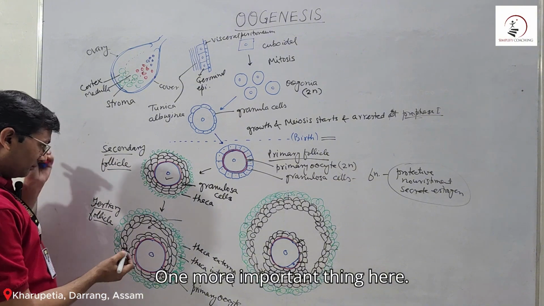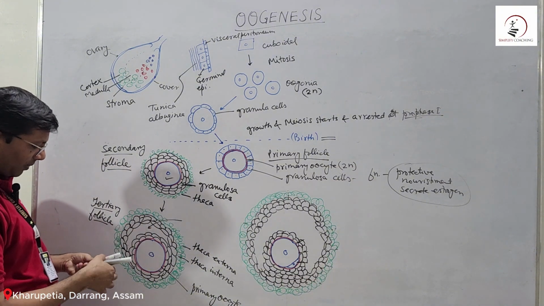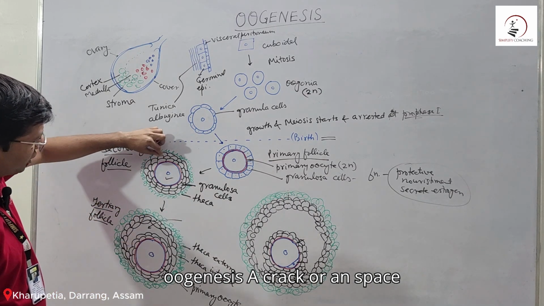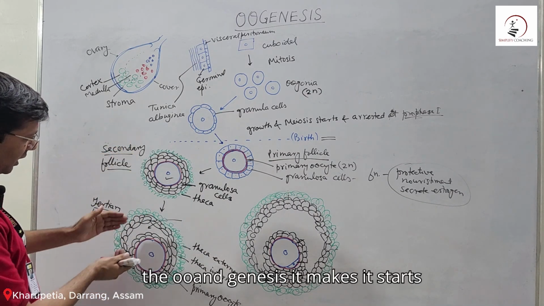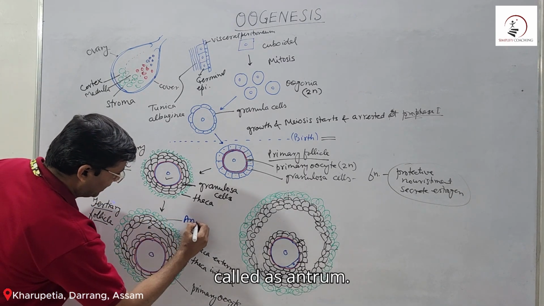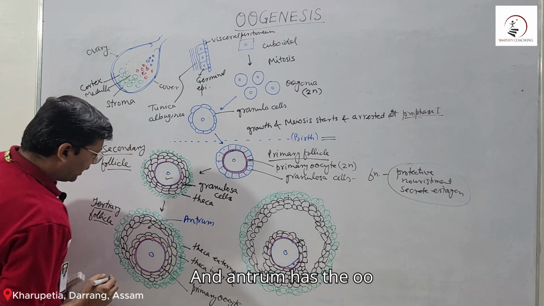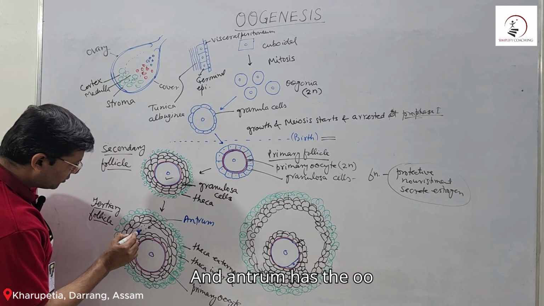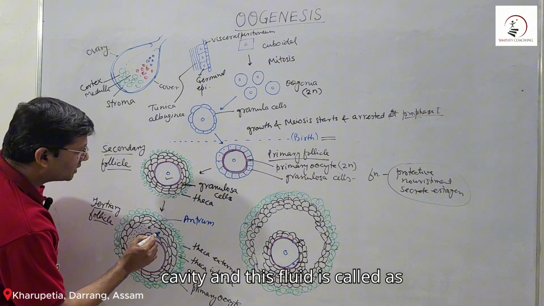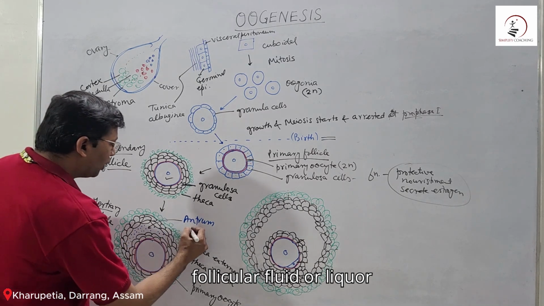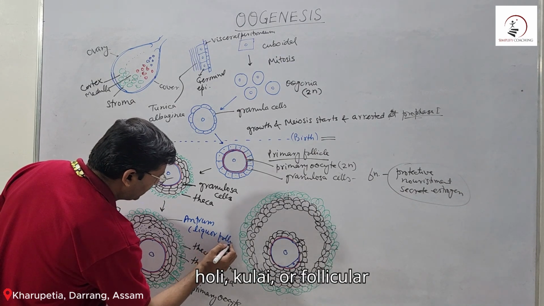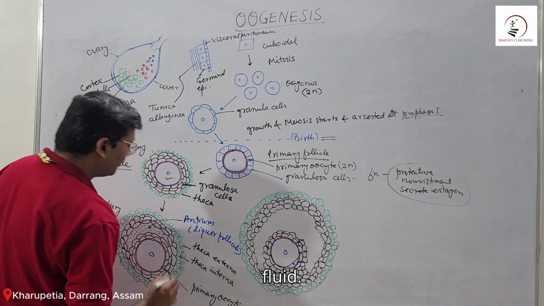One more important thing here, a crack or a space develops between the granulosa cells and it starts making a cavity. This cavity is called antrum, and antrum has a fluid which fills this cavity, and this fluid is called follicular fluid or liquor folliculi.